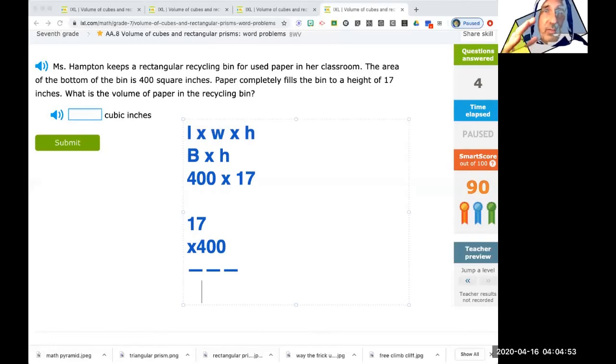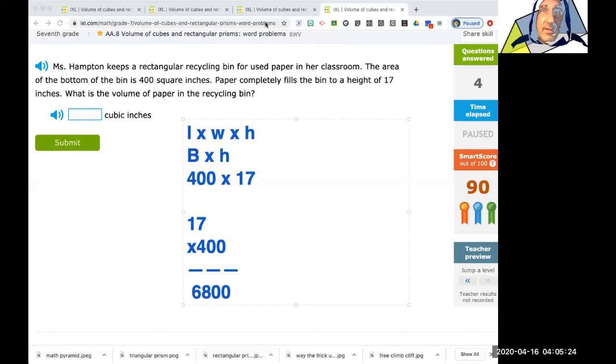So instead of doing 7 times everything and then a 0 and 1 times everything and then adding it together, you can just do it like this. I'll put my 2 zeros down here on the bottom. They just automatically do that. And then I just go 4 times 7 is 28. Carry the 2 on top of the 1. 4 times 1 is 4, plus the 2 I carried would be 6. So I end up with 6,800 cubic inches.